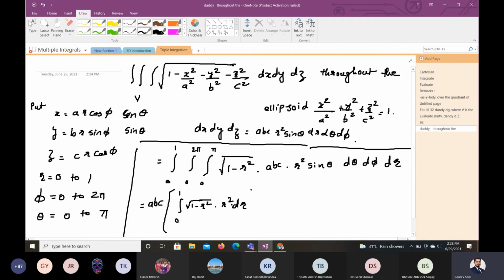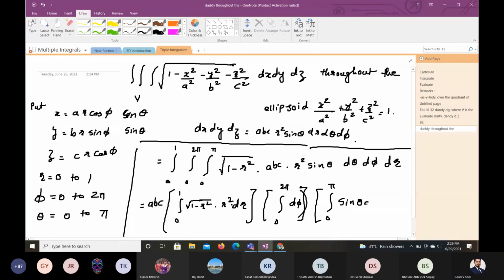The first integration that you need to solve. The second is 0 to 2 pi d phi. And the third one, 0 to pi sine theta d theta. You can simply solve this. These are simple now.